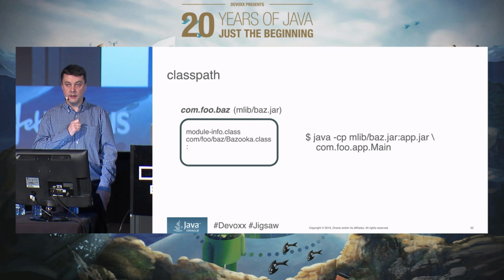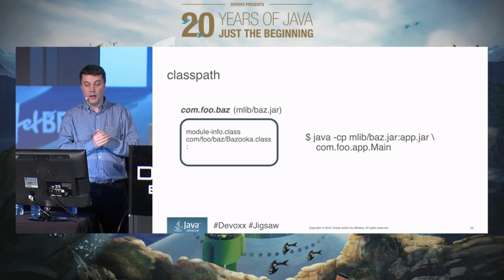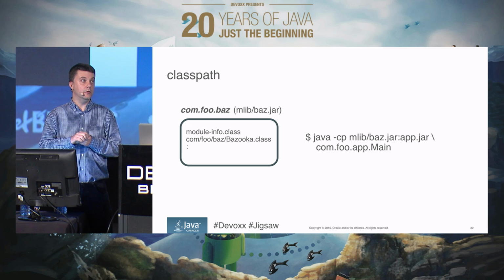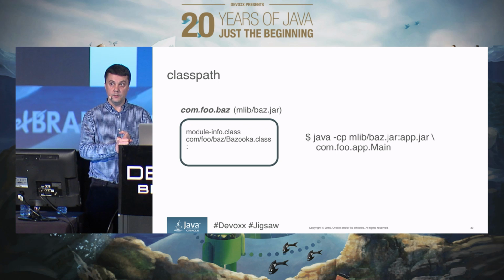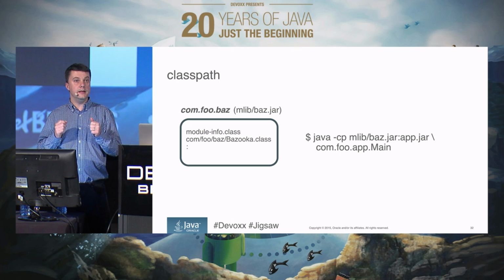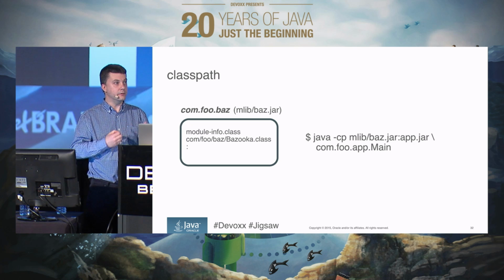I'm going to put them on the class path and run them with 9, run them with 8, or whatever they're compiled to. Even though these libraries have a module-info.class in the jar files, they will still work as libraries on the class path. The module-info.class name is not a valid class name, so it will be ignored by the previous releases. That is how this actually works.